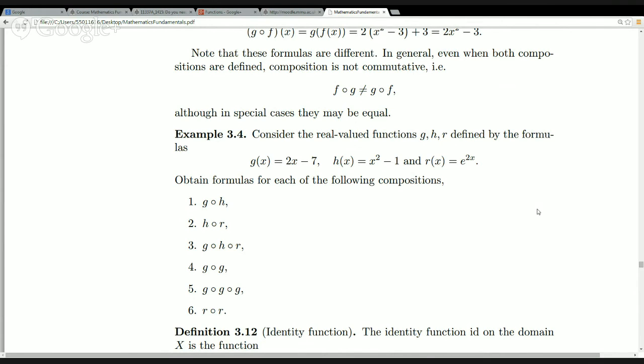So it'll be that, won't it? 8x minus 49. So if you have nice enough formulas for real valued functions, you should be able to write down nice enough formulas for any kind of compositions that you can do with them.